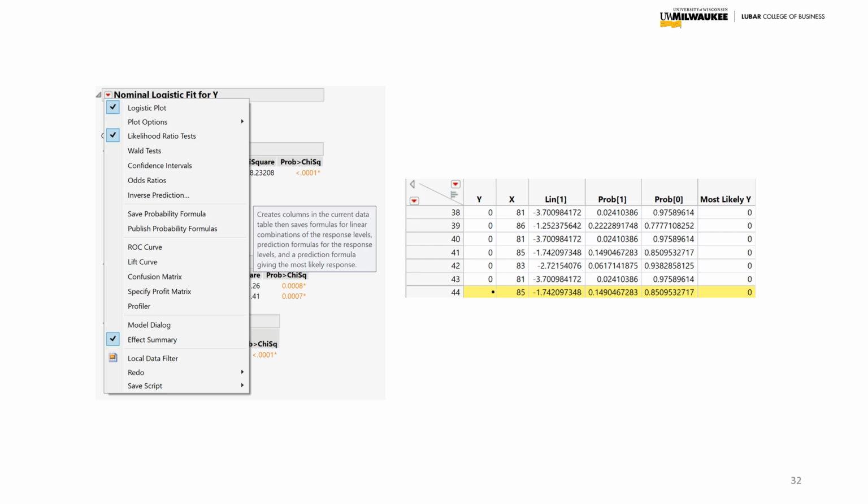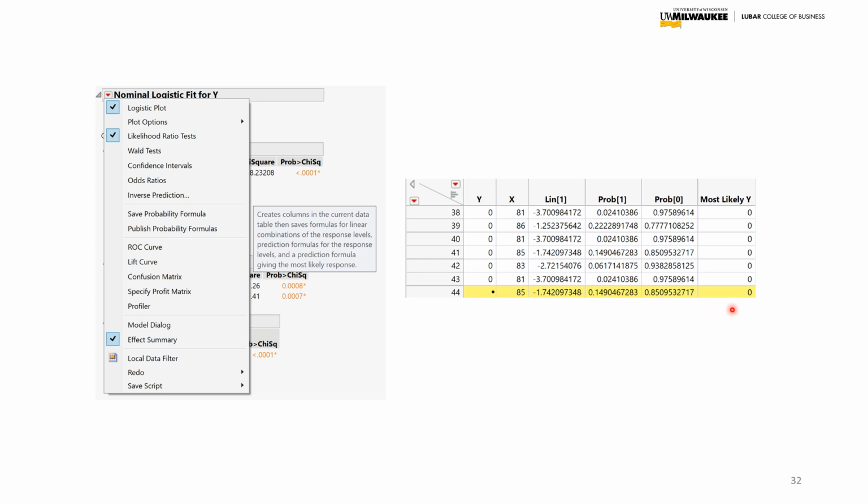We could have JMP calculate the predicted probability of success. We simply go under the red arrow option and then choose Save Probability Formula. This will give us a dynamic data table. I typed in 85 and notice the value of minus 1.742097 we got on the previous slide, and then the predicted probability of 0.149 as we also got on the previous slide, and 1 minus this value would be the predicted probability of failure.